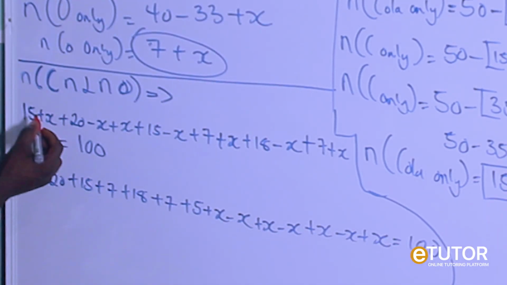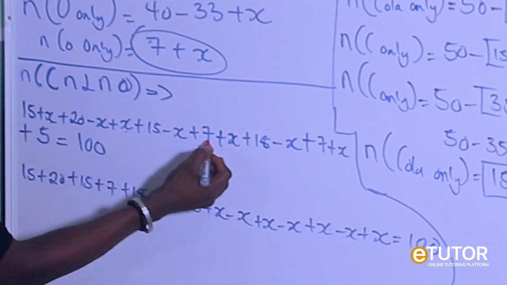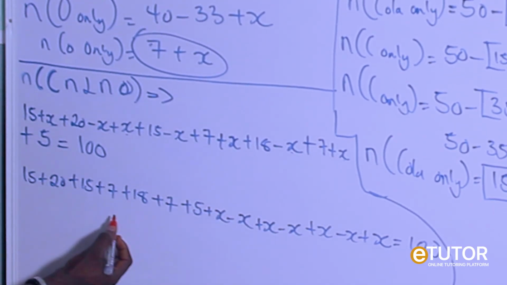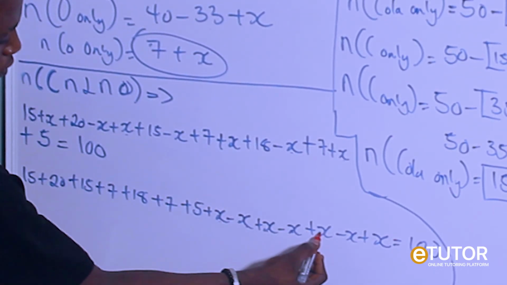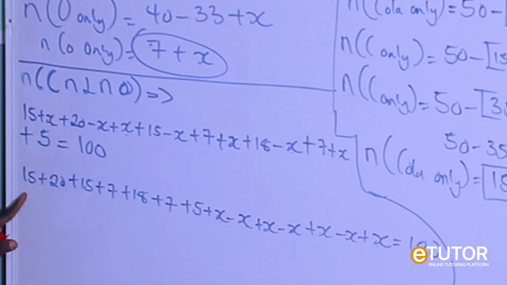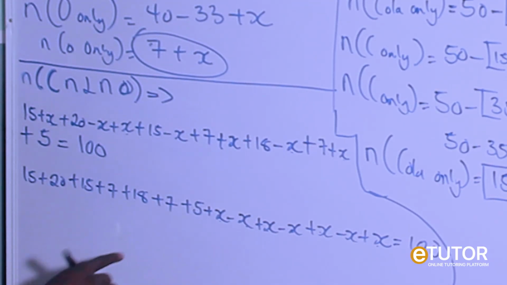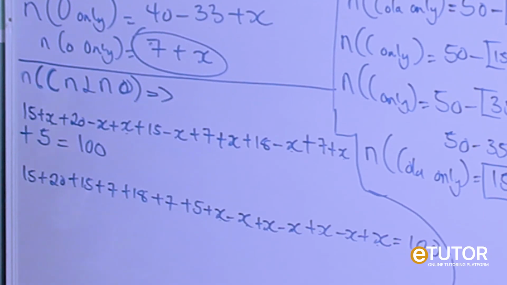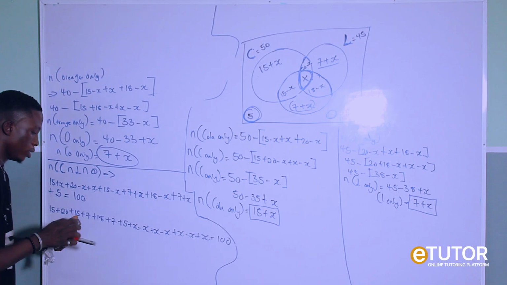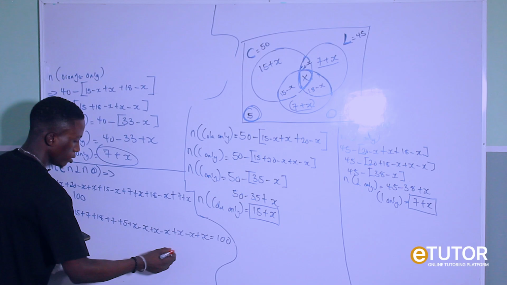Do I have everything correctly? So we have 1, 2, 3, 4, 5, 6, 7 x's. So let us find the sum of all this. Let me get my calculator.